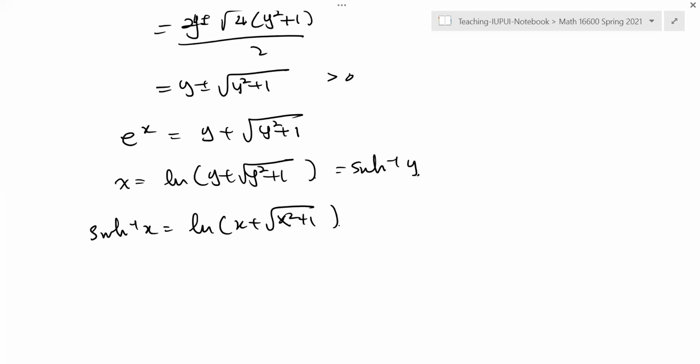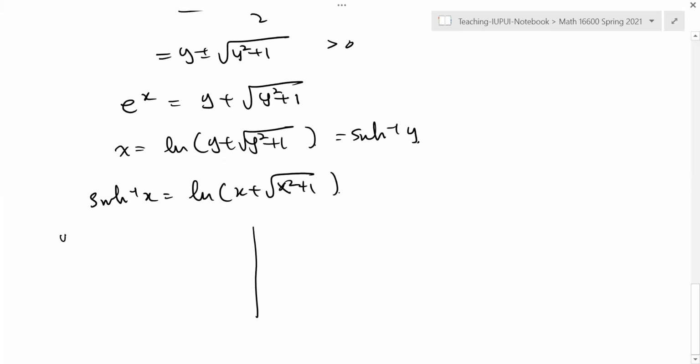Okay, so let's go back again. y equals e to the x, then you end up with the inverse function, natural log of x.